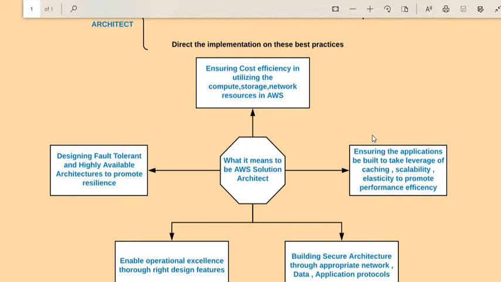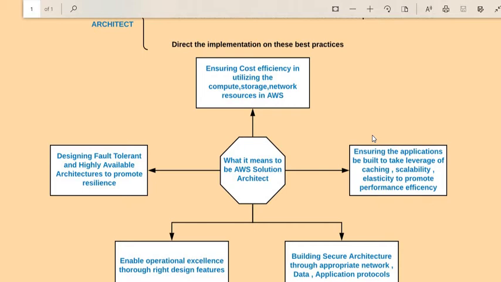So an AWS Certified Solution Architect will vouch for these architectures whenever the requirement is to build some application. The thought process and approach would be based on the principles you can see on my screen. So I'll just go one by one.